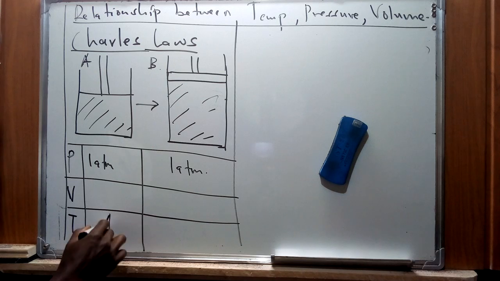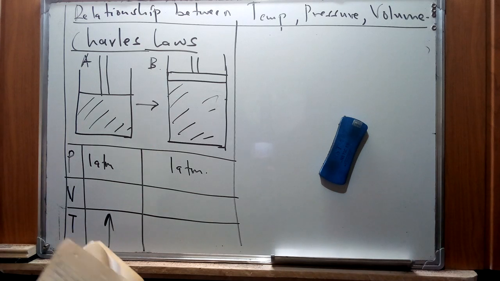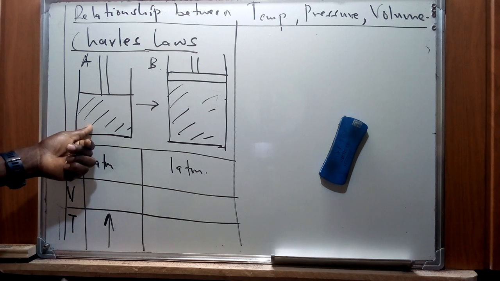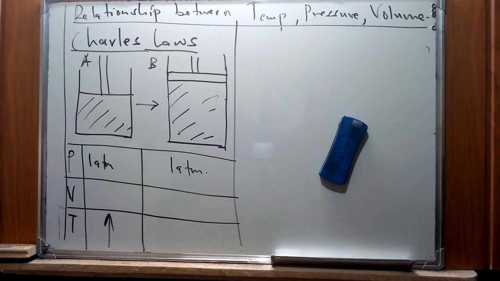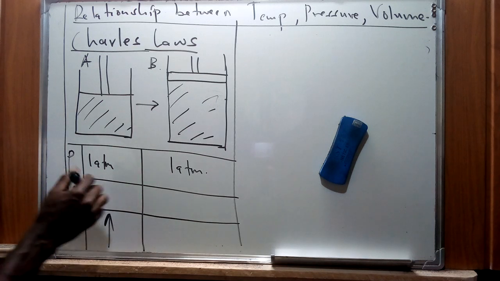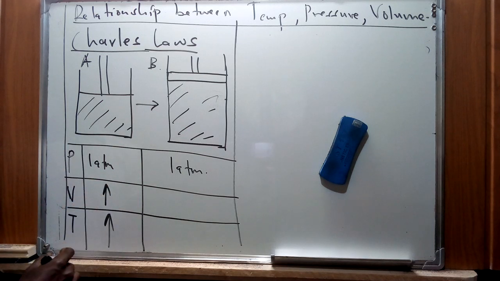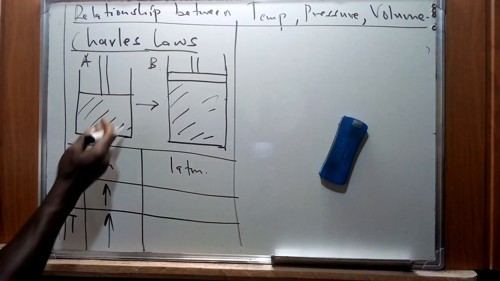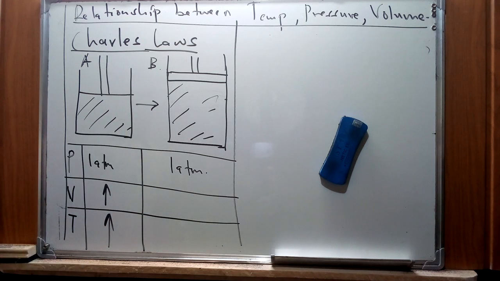If we increase the temperature in setup 1, we're going to see that the volume of the mass of gas inside this container is going to, of course, increase. And this increase is going to be proportional to the increase in temperature.